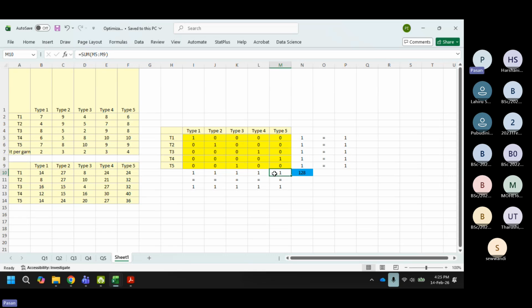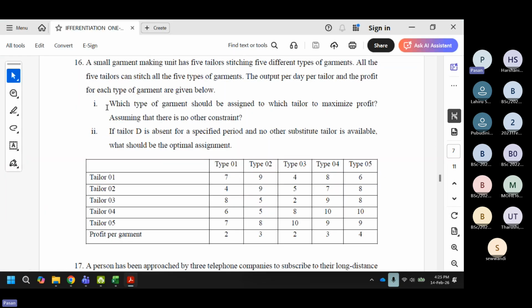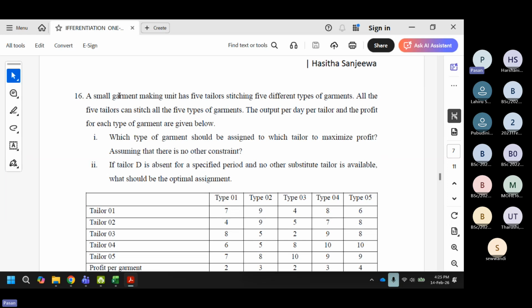By checking this solution here, it is kind of a different thing. So anyway, I had to double check the wording of this question here, right?